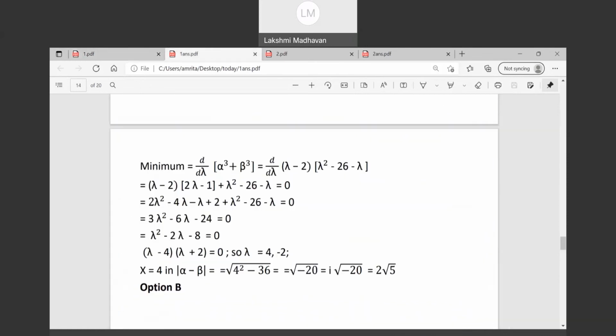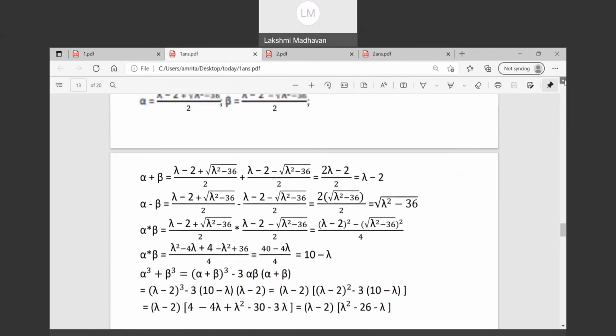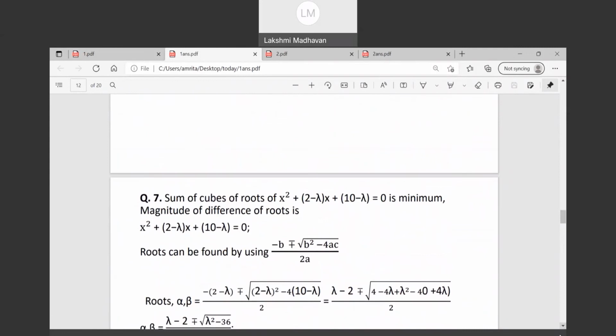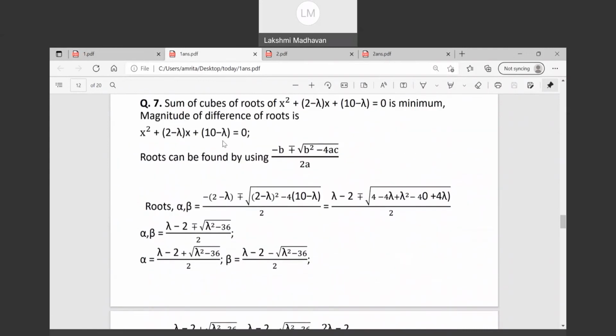So we have a lot more things to do while answering this question, so I'll give a glimpse of it once again. In the question, the sum of cubes of roots of this equation is given as minimum, and it's asking us to find the magnitude of the difference of roots.